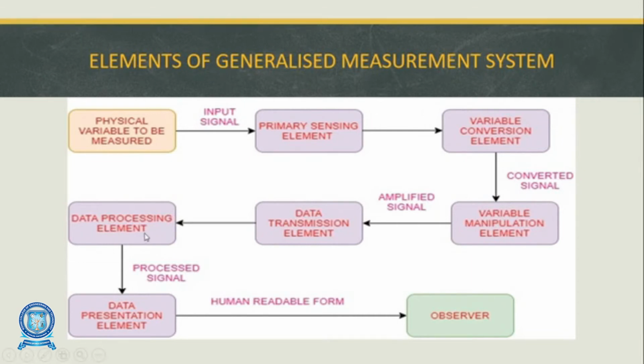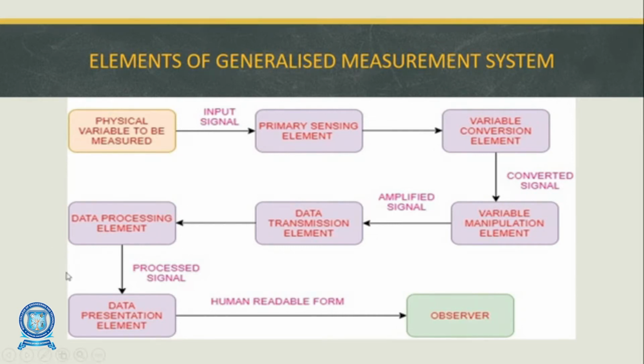Okay, what's the work of the processing element? This data processing element receives the data from the manipulation element or the transmitted element. It calculates the output of the variable.